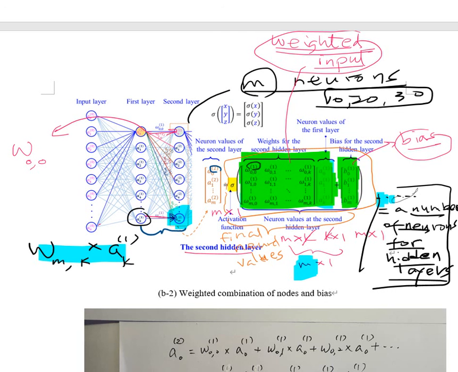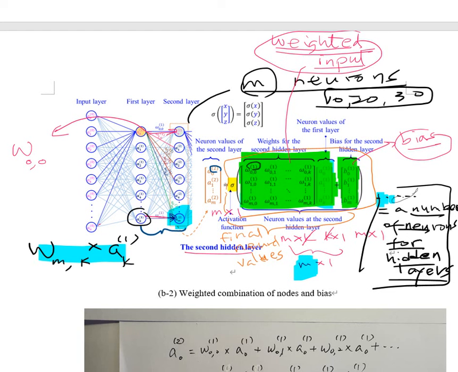All terms here are final neural values. Without sigma, they are temporary neural values. And we do this for every circle, every neuron.